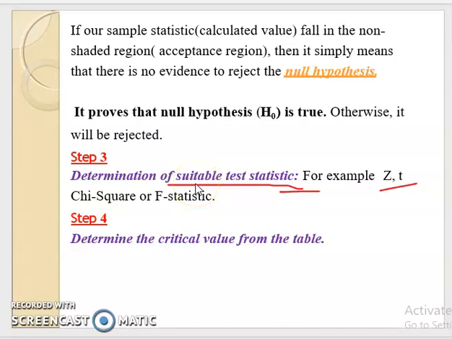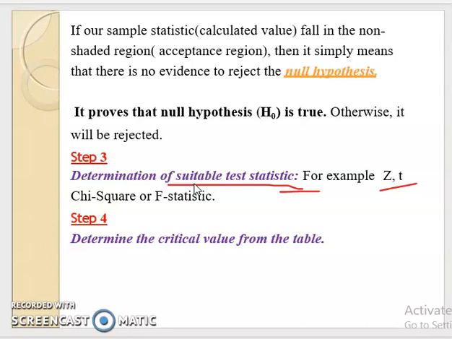The selection of the various tests depends upon the type of the variable under study, that is, whether it is independent data or dependent data, whether there is one group, two groups, or more than two groups.